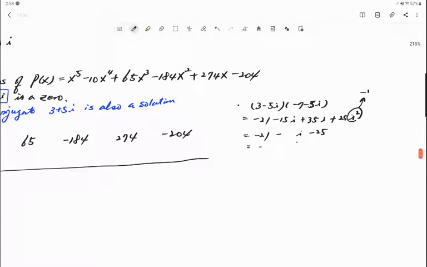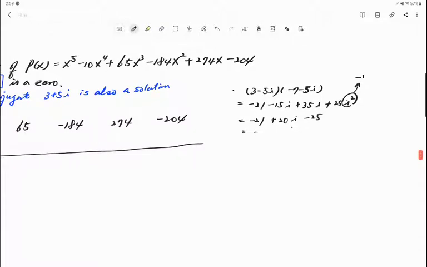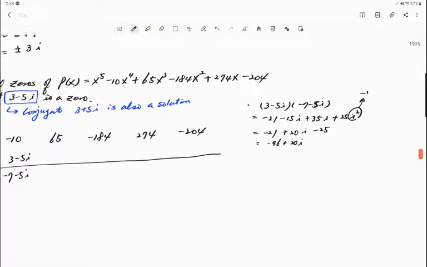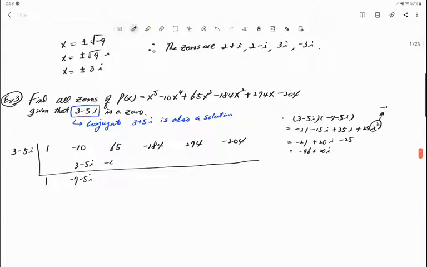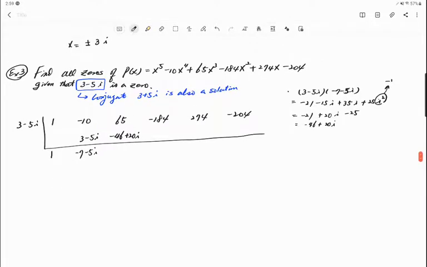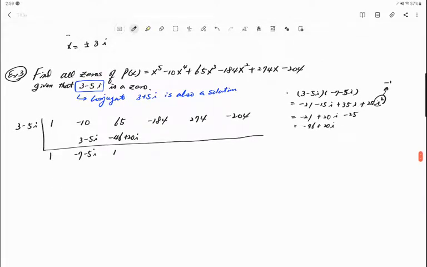So negative 21, and then plus 20i minus 25. So add the real numbers. There will be negative 46 plus 20i. So negative 46 goes here plus 20i. And add these two numbers, so it's 19 plus 20i.